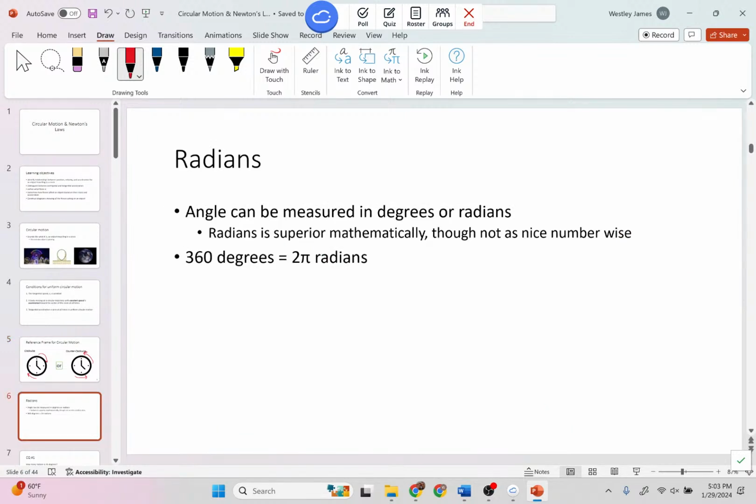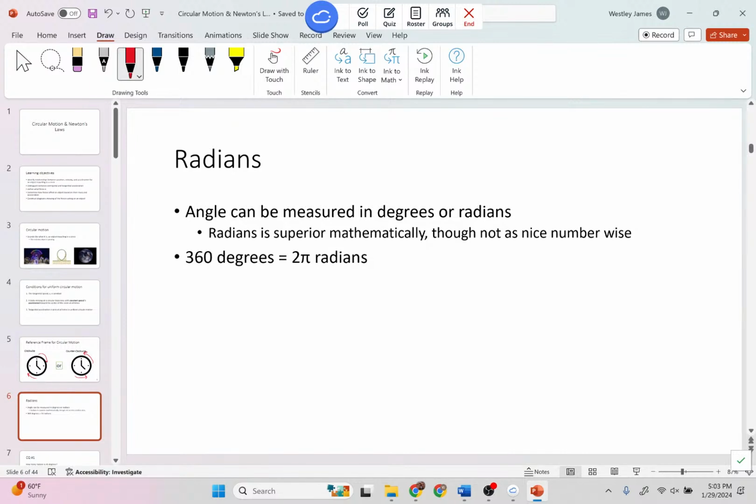Also important that we know angles can be measured in different ways. There are degrees, which are real nice, but you will find as time goes on, radians are mathematically superior, which sounds kind of pretentious and silly. Pi is not a nice number, 3.1415, it's a bit of a mouthful.